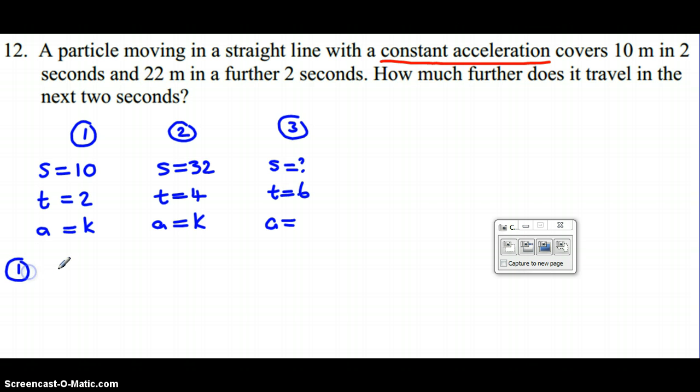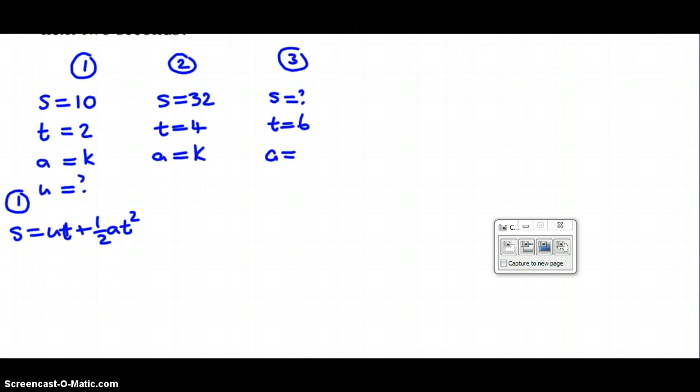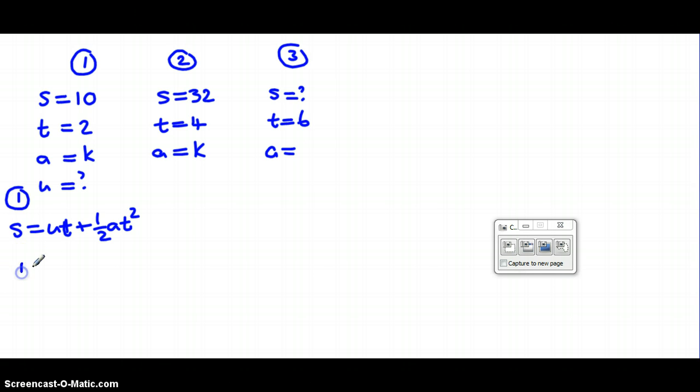So if we look at one, we've got S, T and A. I'm going to use U, so I can put it in the equation S equals UT plus a half AT squared. If I do that I end up with 10 equals U times T, so 2 times U, 2U, and then half of whatever the acceleration is, k, times T squared.